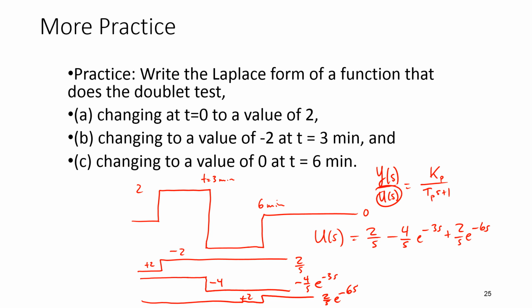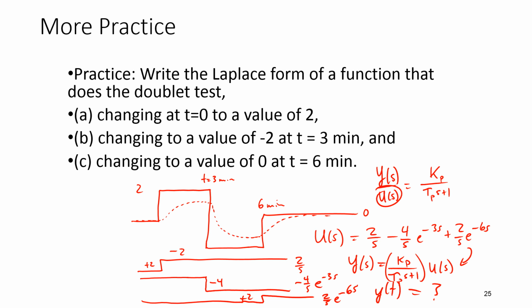Now I know what u is, and so I could say y of s equals Kp over tau p s plus 1 times u of s, plug in that value, and then convert it back to the time domain and figure out what this signal is going to do. Okay, so let's say it's going to do something like this. Okay, so we'd be able to calculate what that response would actually do.